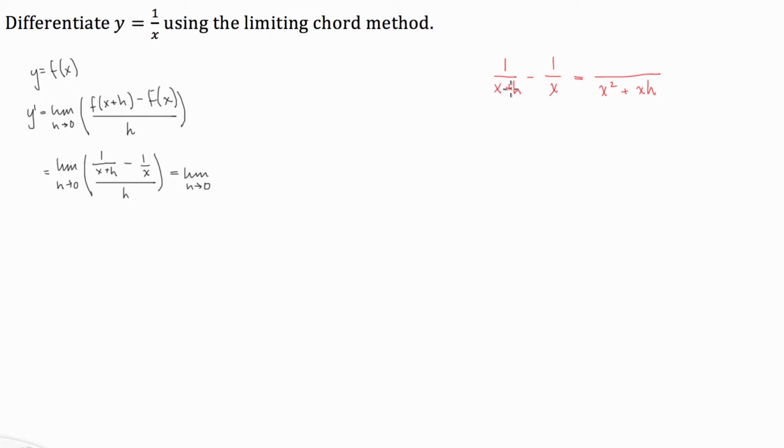Now, the x plus h is being multiplied by x, so 1 has to be multiplied by x, so we're going to get x minus. The x is being multiplied by x plus h, so the 1 has to be multiplied by x plus h. So we have x plus h. And this will simplify down to negative h divided by x squared plus xh.